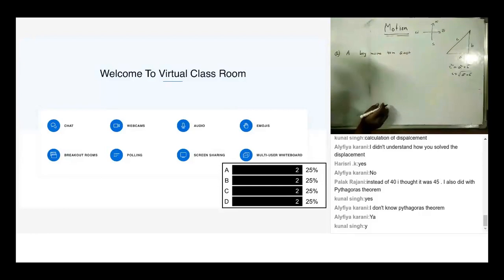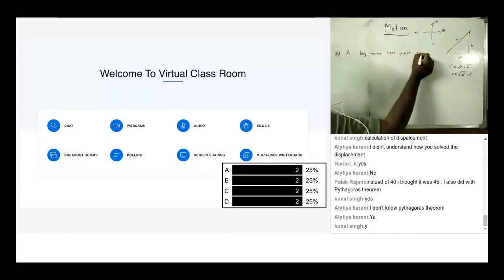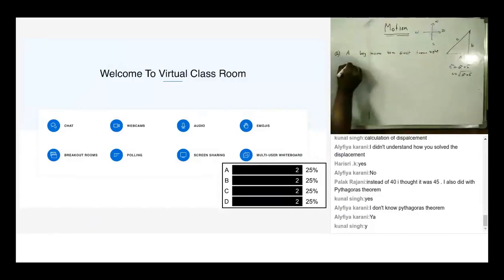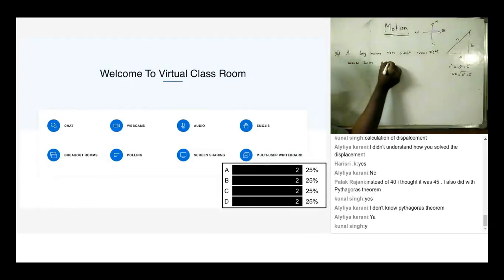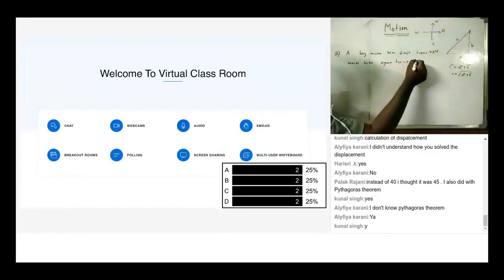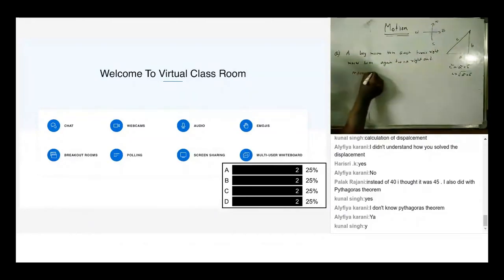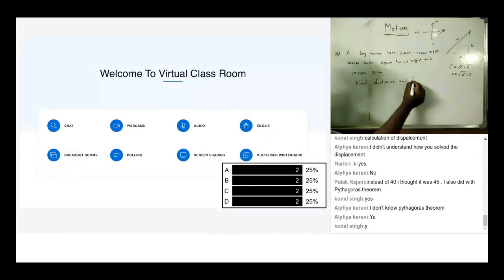He's moving 40 meters east, turns right, moves 30 meters, again turns right, and moves 80 meters, right? So find distance and displacement. You're required to find distance and displacement.